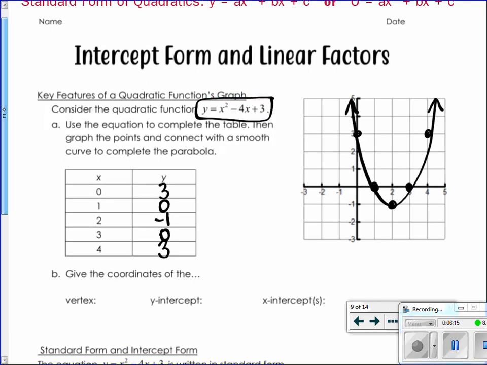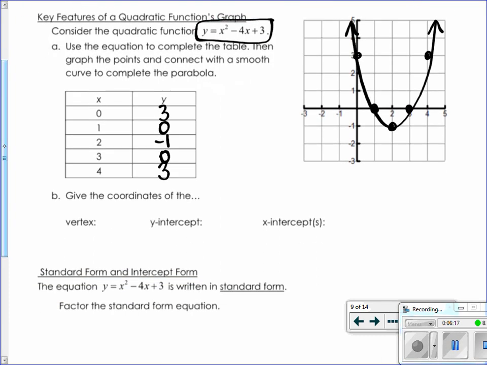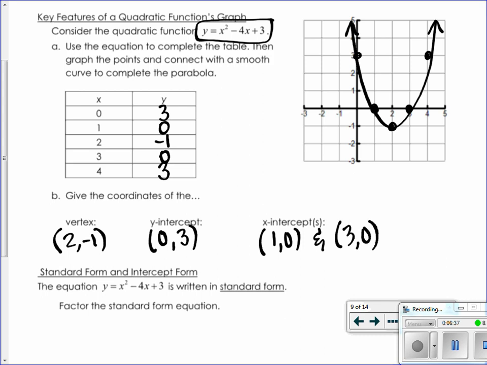Okay, so if that's a graph, what's the vertex? 2, -1. What is the x-intercept, or sorry, the y-intercept? 0, 3. And how many x-intercepts are there? 2, and they are 1, 0, and 3, 0.